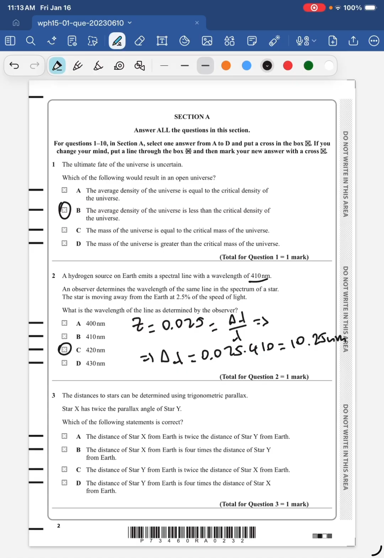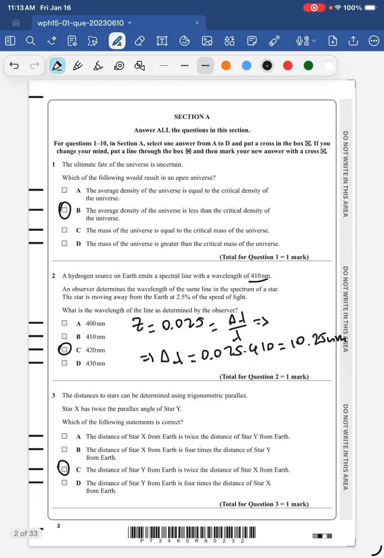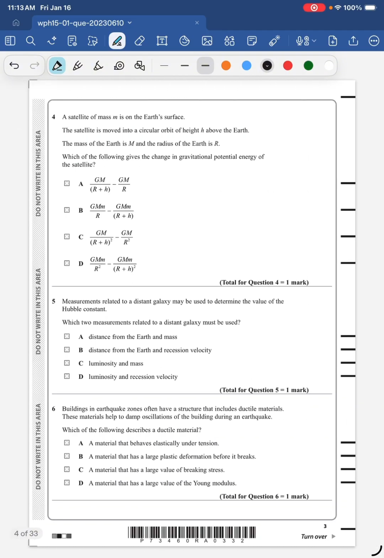Also incorrect. C, the distance of star Y from Earth is twice the distance of star X from Earth. Okay, this is the correct answer, because you can figure it out by looking at this diagram. Okay, let's go to question 4.